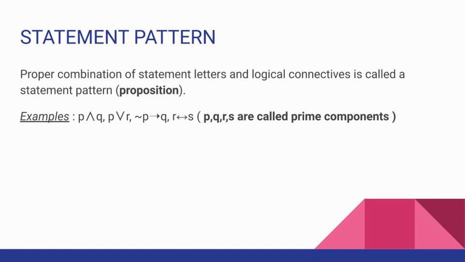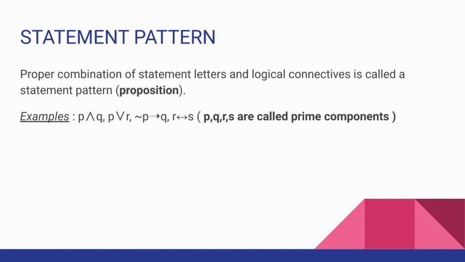It is given that proper combination of statement letters and logical connectives. Already I said about statement letters. They are the small letters P, Q, R, S, etc. And what are your logical connectives? We have 5 logical connectives: conjunction, disjunction, biconditional, conditional and negation. When our statement letters and logical connectives are written in a proper combination, we get a statement pattern. See these examples.